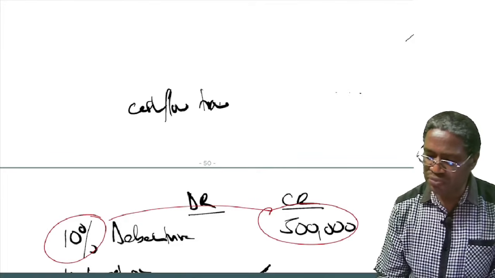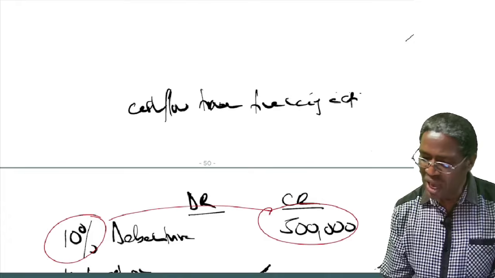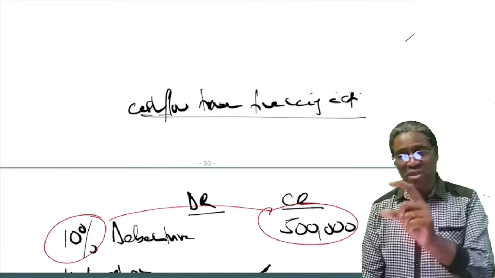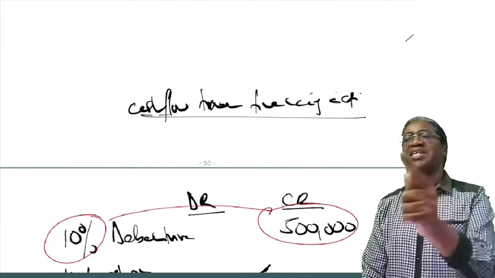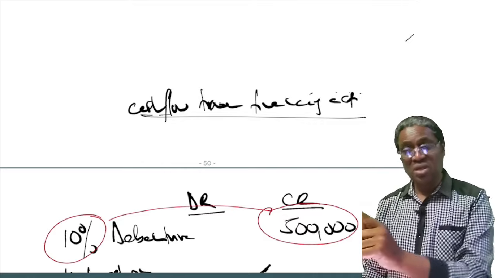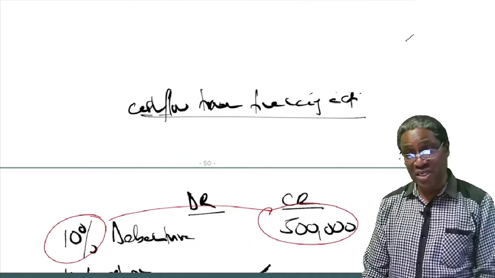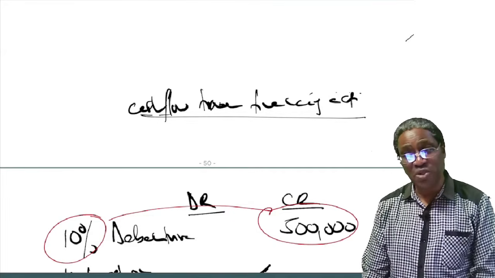Among the financing activities, don't forget, financing activities are those transactions that affect finances. For example, when you issue shares, that's part of finances. When you raise finances by issuing debentures, that's part of finances.